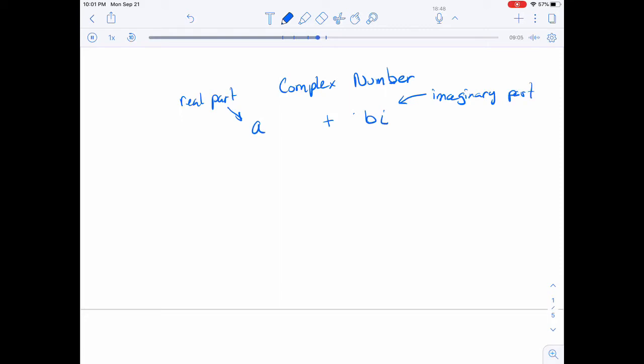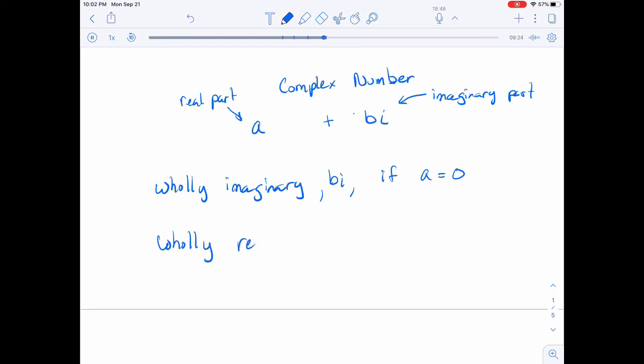A number is said to be wholly imaginary, we'll say it is bi, if a is equal to 0. And a number is said to be wholly real, in other words, we're talking about the a part, if b is equal to 0.